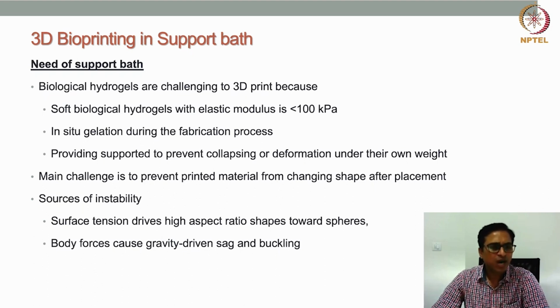Now we see why we need a support bath. As I discussed in the last slide, support is very much required to print a complex geometry, basically a non-planar geometry. Most of the time these biological hydrogels or aqueous-based gel bioinks are very challenging to 3D print, because the mechanical property or the viscosity of that material is very low.